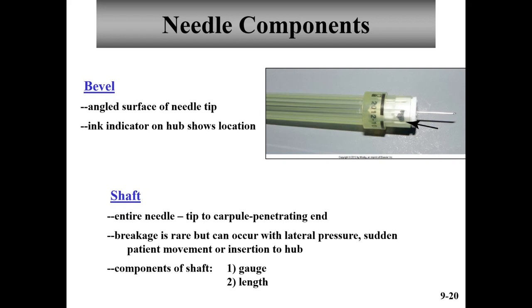Or if you insert the needle all the way to the hub, because that's the weakest point. So those are the things that can contribute to a needle breaking. The components of the shaft of the needle include the gauge, which will tell you the diameter of the needle, as well as the length, which will tell you how long the needle is.